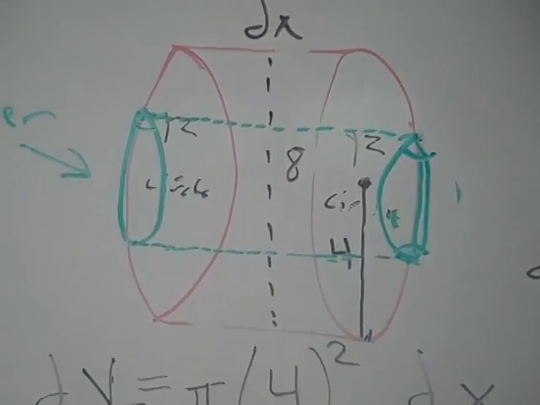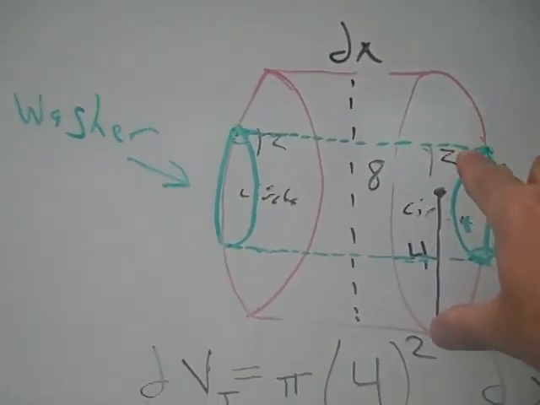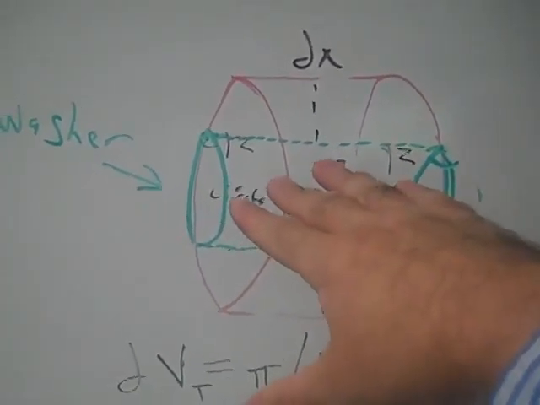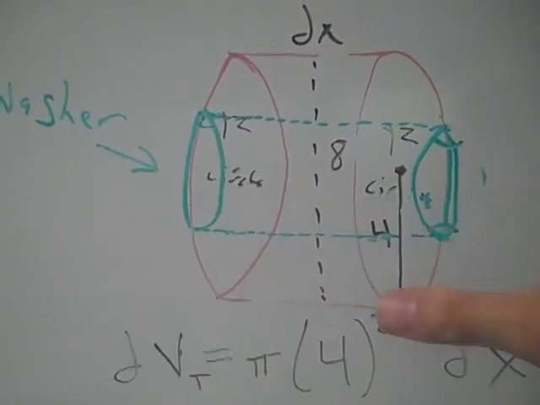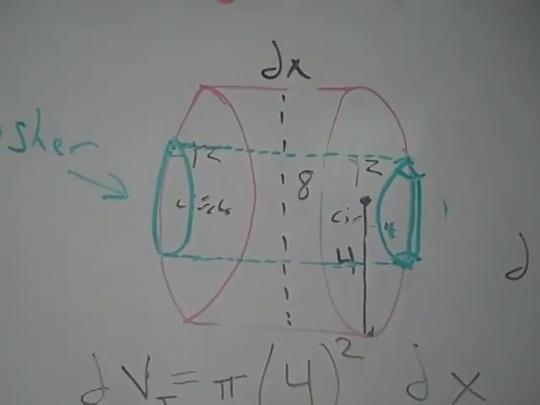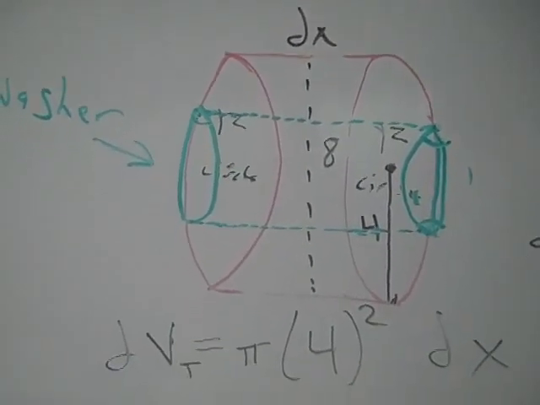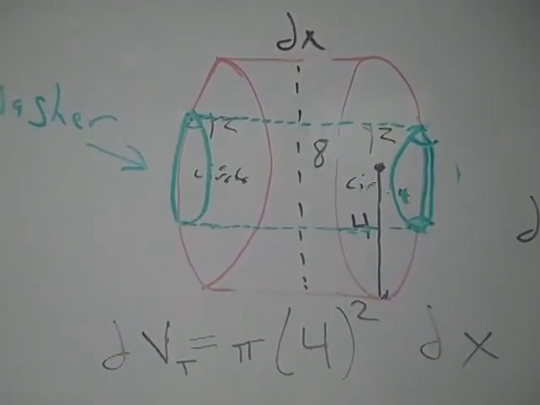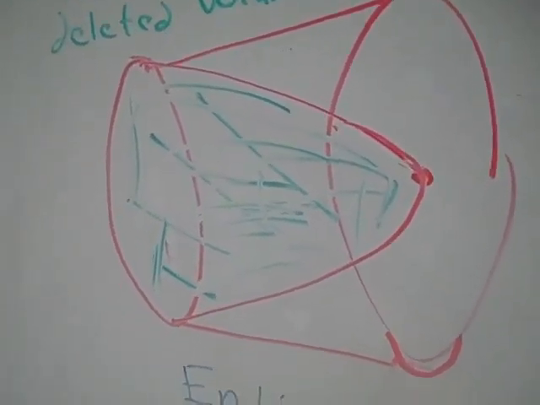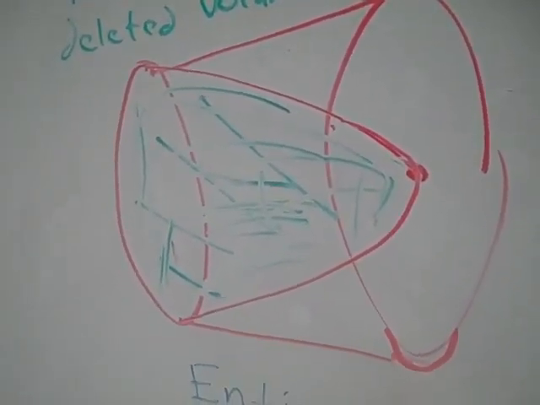And we're going to add infinitely many of these infinitesimal washers. And this is a washer now that we chewed the center out. The disc is now a washer. We're going to add infinitely many of these infinitesimally thin washers to get our object that I showed you a minute ago, namely this guy right here, the white portion of this cylinder. It's a right cylinder. I just can't draw.